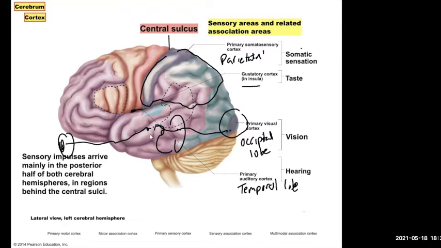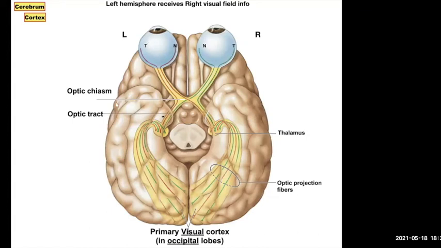This is where that information first goes after it leaves the thalamus, and it's going to be broken down into little bits and put back together. So for your vision, again, remember that everything is going to cross over to the other side, but it comes in a little weird way.